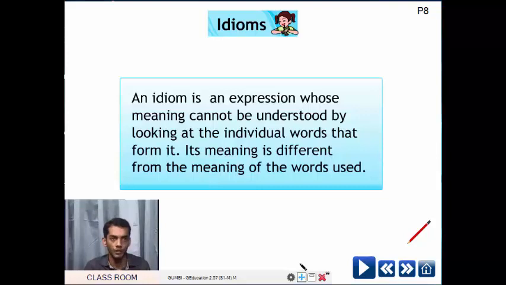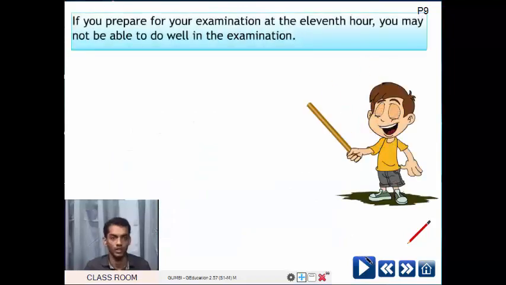Good. Now let's study a few idioms. Are you ready? Yes. Okay. Look at the sentence. If you prepare for your examination at the 11th hour, you may not be able to do well in the examination. Repeat it.